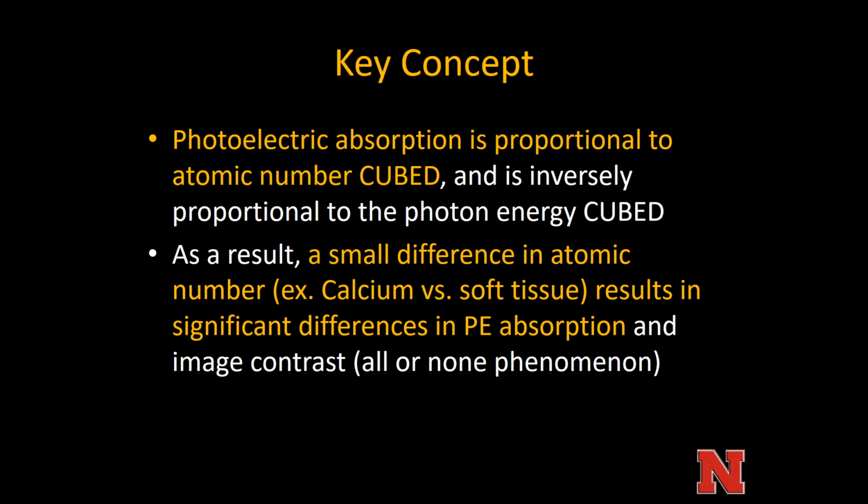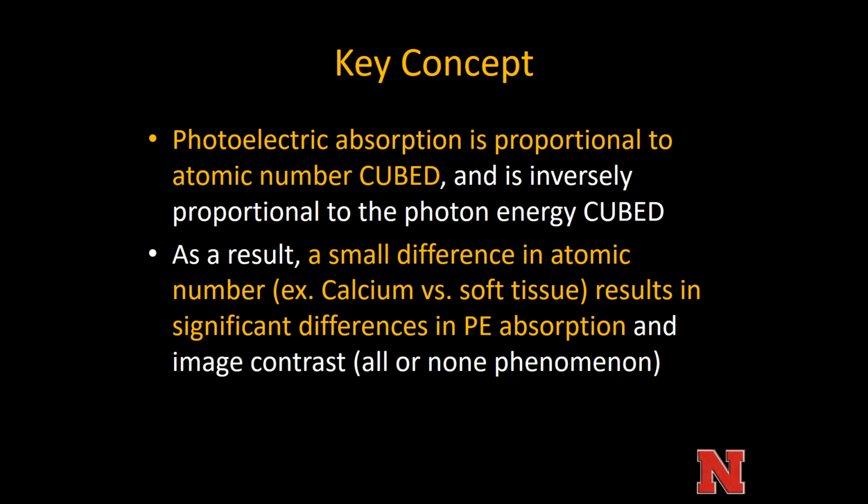A key concept here is that the photoelectric absorption that occurs is proportional to the atomic number cubed. So it's a very, very exponential process. It's inversely proportional to the photon energy cubed. So additionally, like an exponential process.